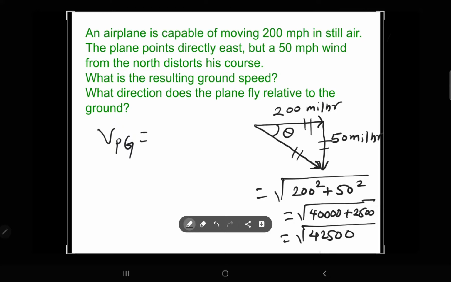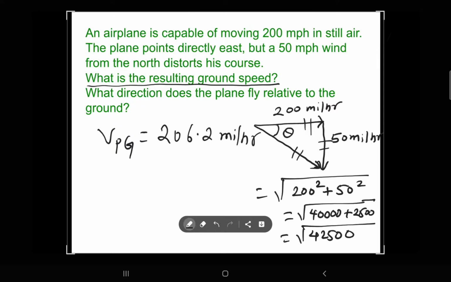If you put it into a calculator, you will get something like 206.2 miles per hour. So this is the first part, that is the resulting ground speed as seen from the ground. You can see the velocity is 206 miles per hour.